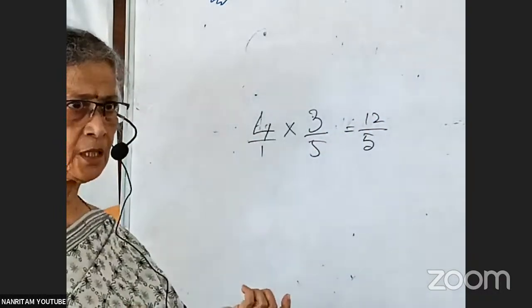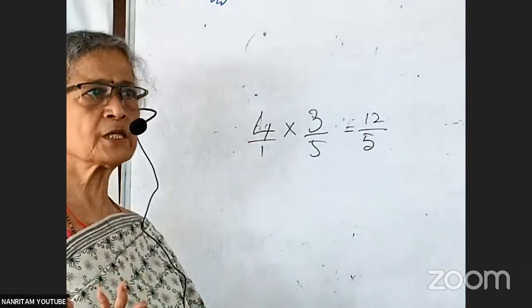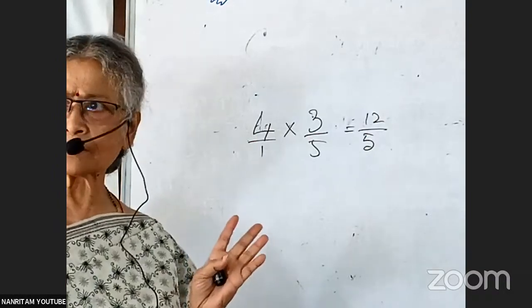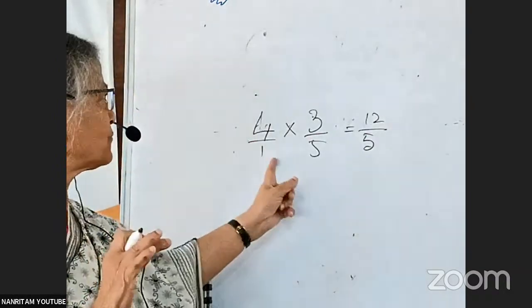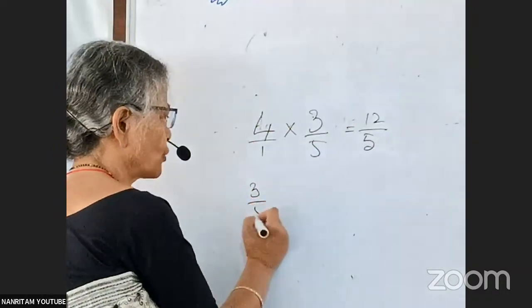What is actually happening when I'm saying 4 into 3/5? Repeated addition is multiplication. So 3/5 repeated 4 times.